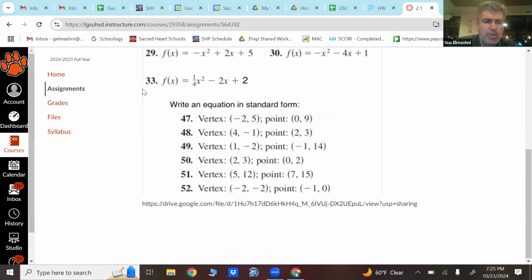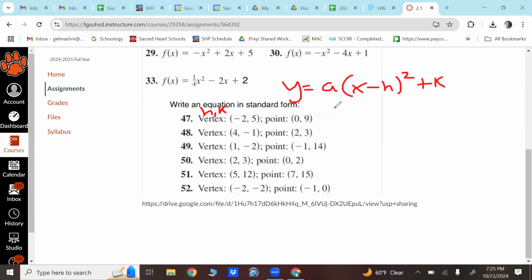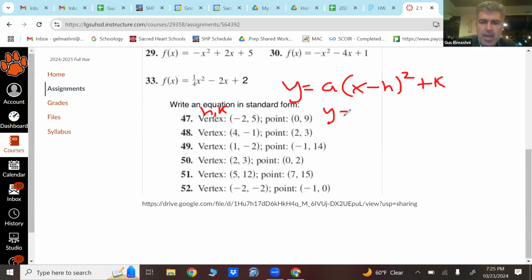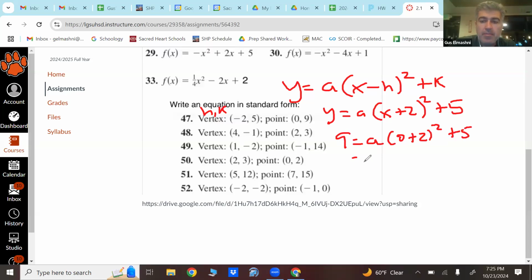So pretty simple. What you want to do here is maybe start with vertex form. Remember, H and K is a vertex. So what you'll want to do is say, okay, well, y equals a, then plug in 0, 9 for x and y, and solve for a.